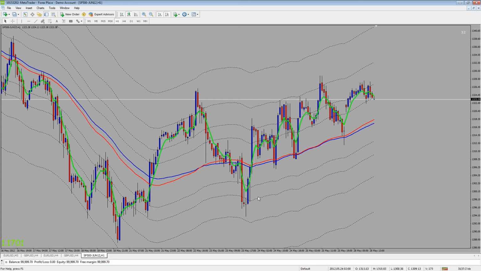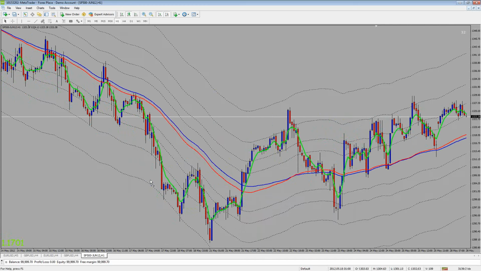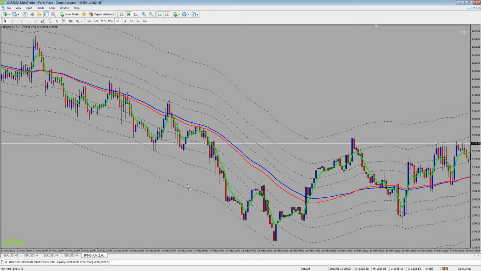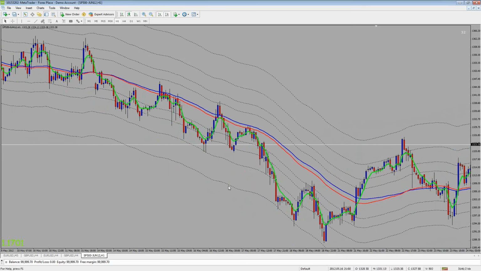All right, so how do these Fibonacci levels around the 75 moving average help us in trading? Well, as I said, they help us in recognizing additional or possible support or resistance levels in addition to other levels you may see or find on the chart.